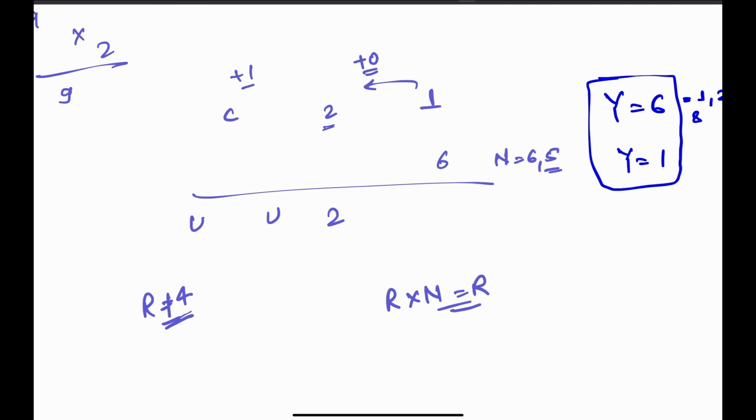So 6 into something, it's coming into 2 digits. Okay, yeah, C could be 9. 9 6s are 54. U will be 55. That's a possibility.